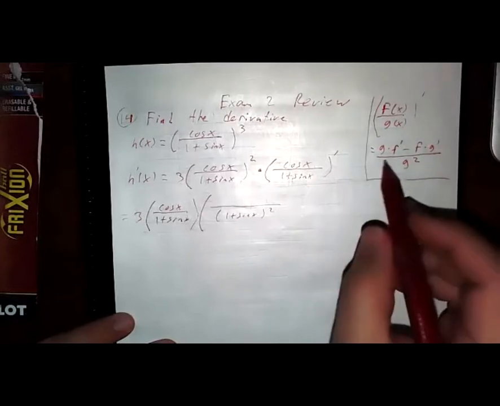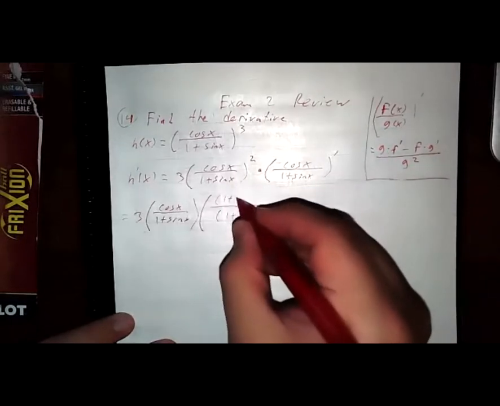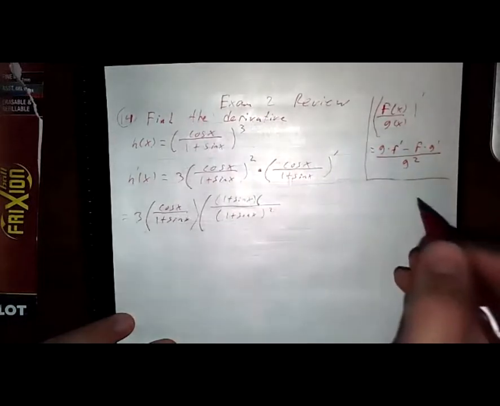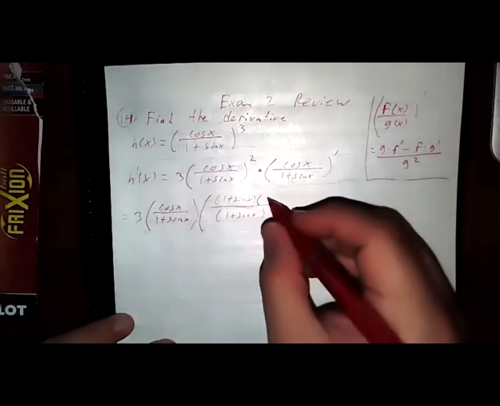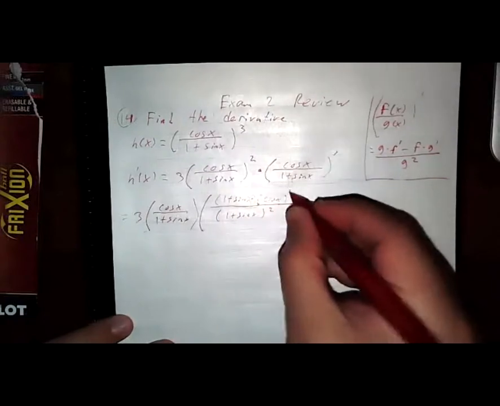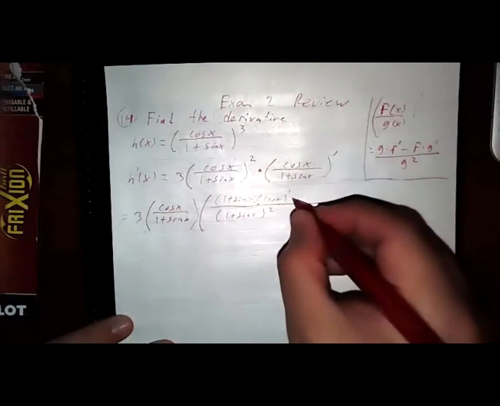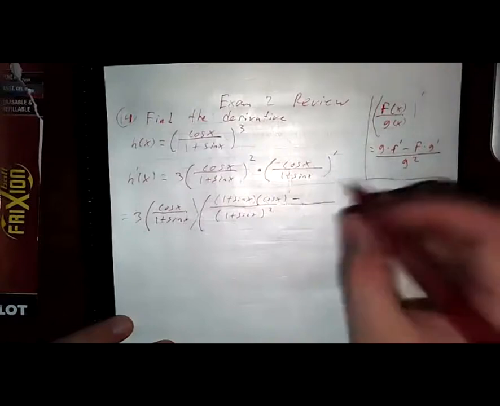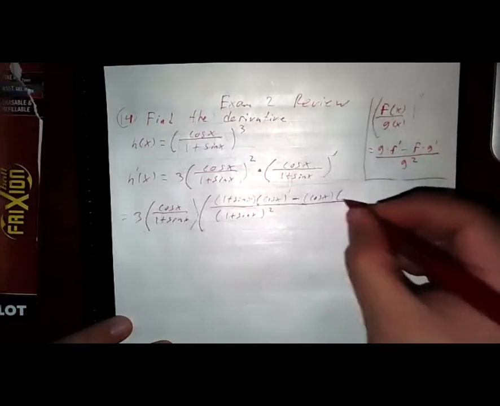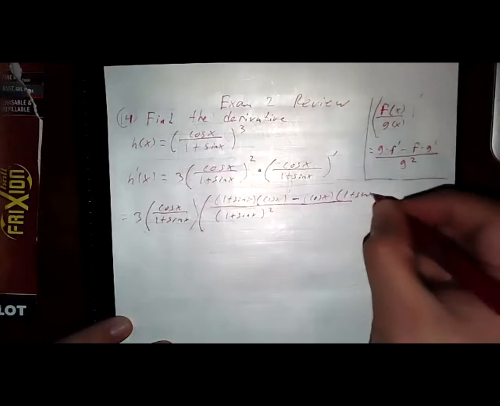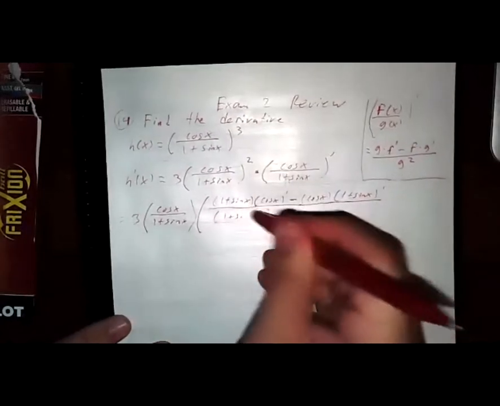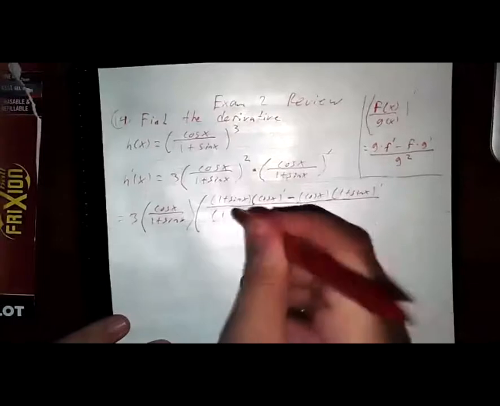All right, so 1 plus sine x times the derivative of the top, which will be, well, I'm going to go ahead and show the quotes this time, just so we have more steps, minus f, which is cosine, times derivative of g. I'm going to go ahead and move this to the middle because it bothers me, not because it matters.